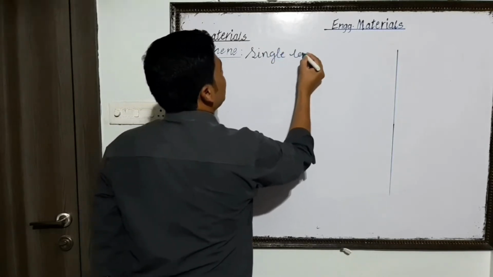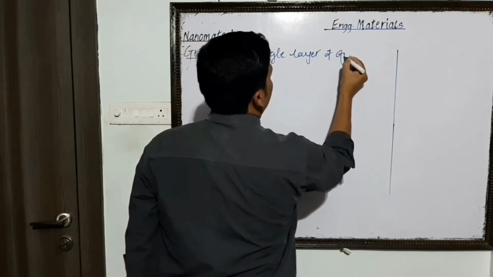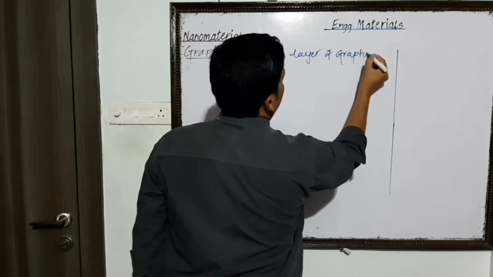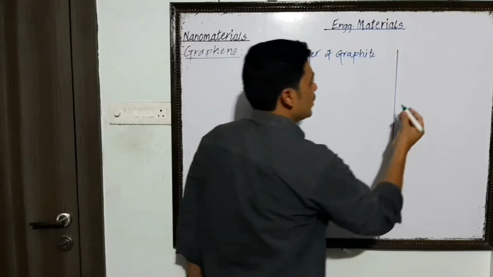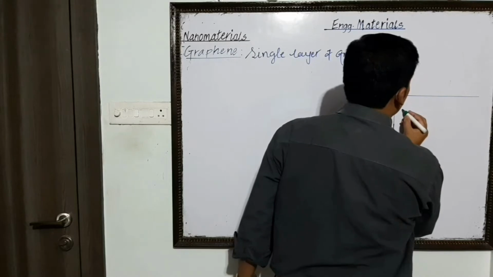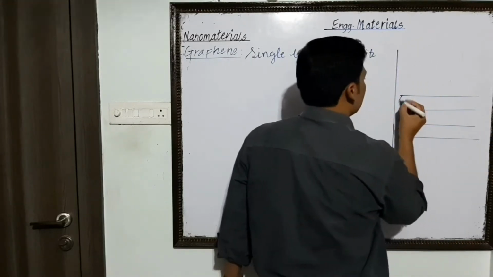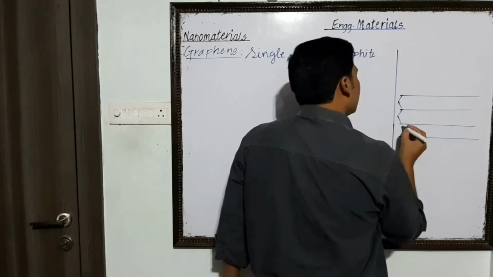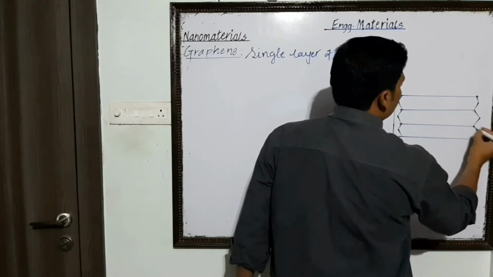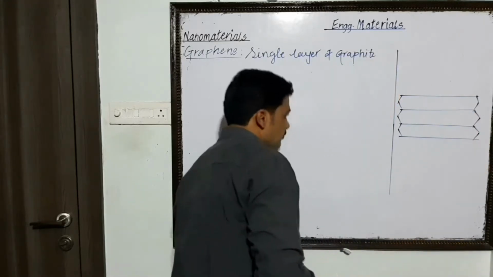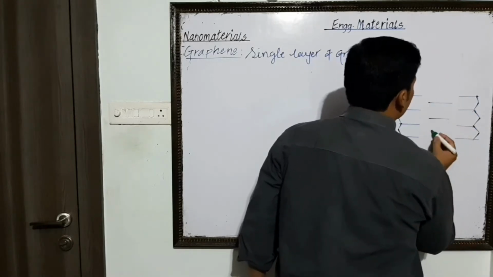Hence, graphene is nothing but a single layer of graphite packed in a hexagonal structure. What is that hexagonal structure? If we make such simple lines and close the ends of those lines, you will get such a hexagon.